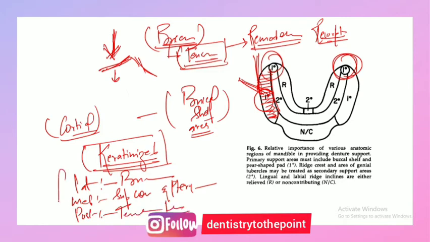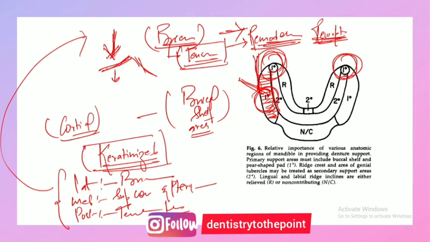Again, this area can tolerate pressure well and can avoid remodeling as well as resorptive changes. Thus the pear-shaped pad as well as the buccal shelf area are considered the primary stress bearing areas.